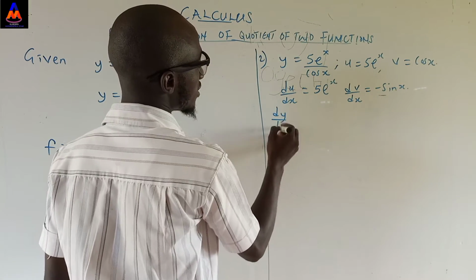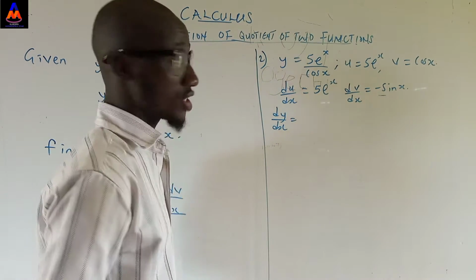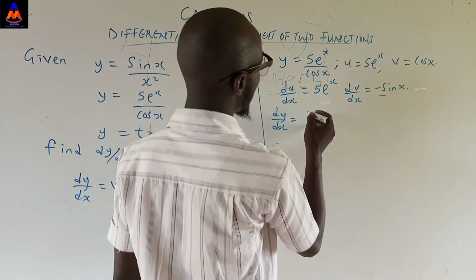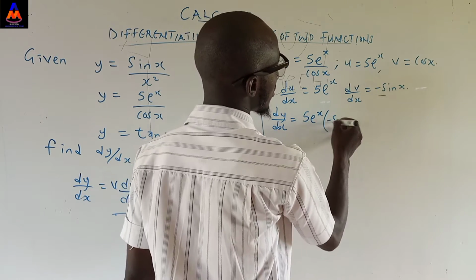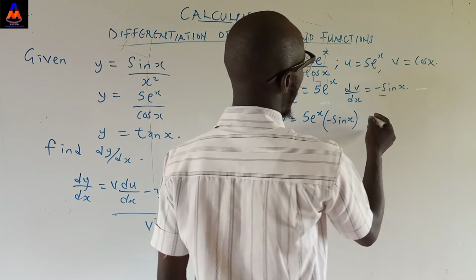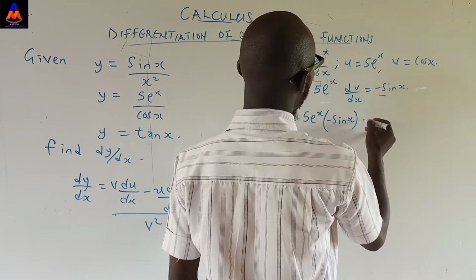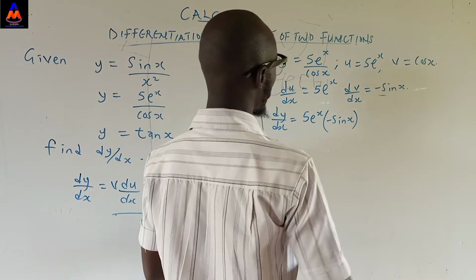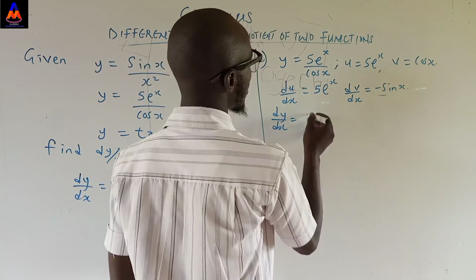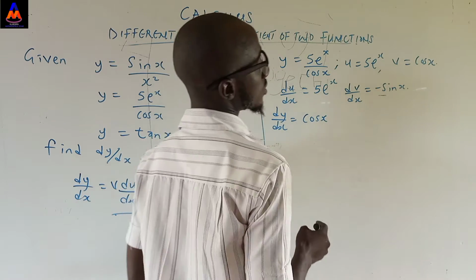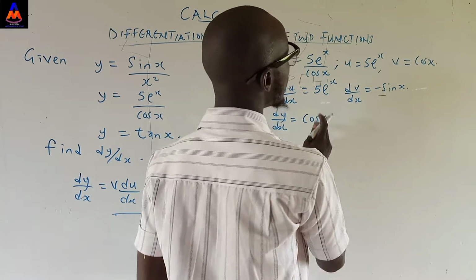So dy/dx, applying the quotient rule, is going to be... oops, sorry, that's supposed to be v du/dx. I'm using the quotient rule, not the product rule.